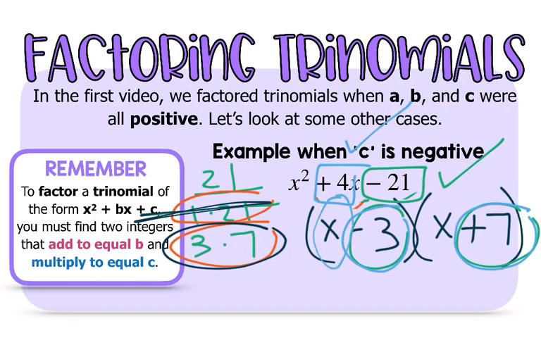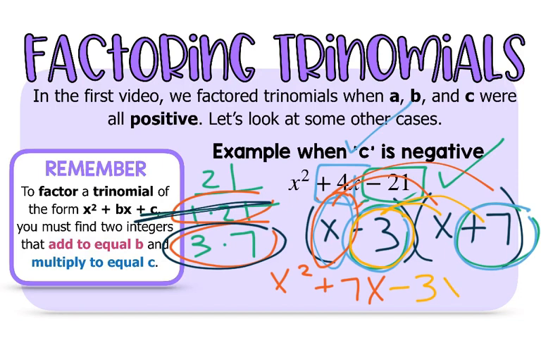That's the really cool thing about factoring, is you always know if you got it correct or not by just multiplying it back out. So let's take my first term, x, and multiply it to both things. That would give me x squared plus 7x. And now let's take the second one, negative 3, and multiply that to both things. That gives me negative 3x minus 21. Then combine together any like terms. The only like terms are these middle ones.